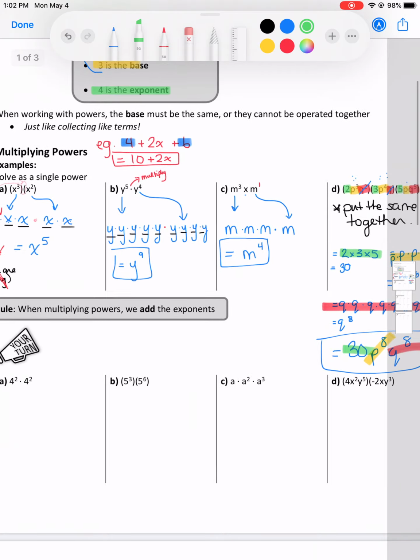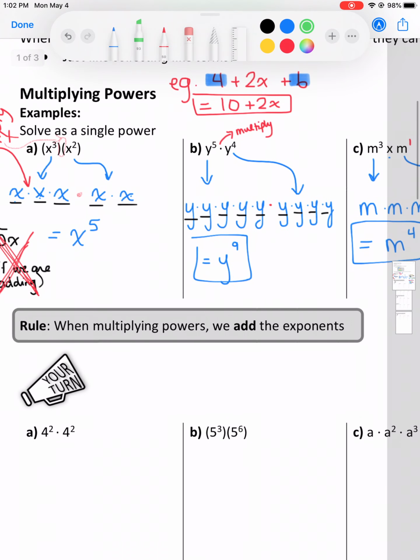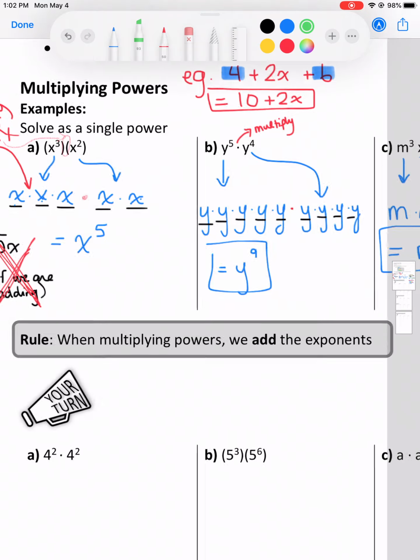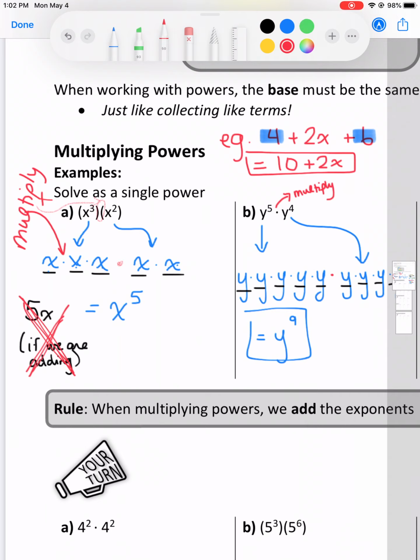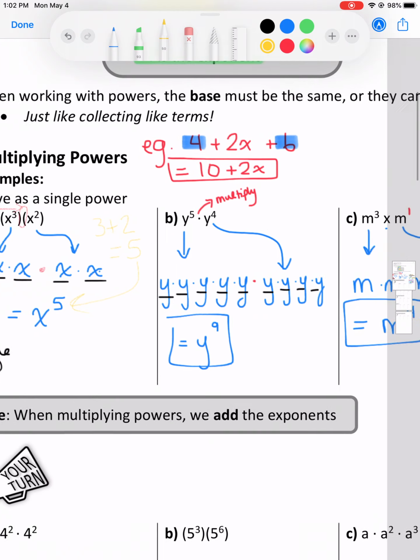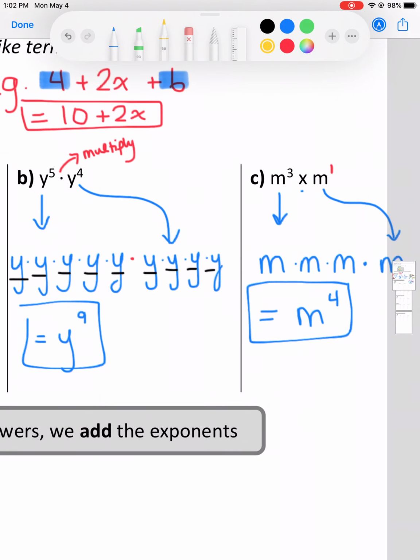Moving on. Oh, before I move on, sorry. Rule: when multiplying powers, we add the exponents. So hopefully you guys were able to pick up on that routine. For example, here, I'm going to use a different color. We have 3 and 2. If I just do 3 plus 2, that equals 5. And that gives me this. What's 5 plus 4?